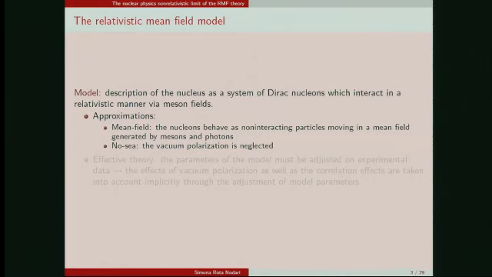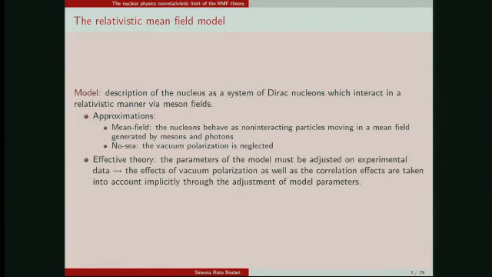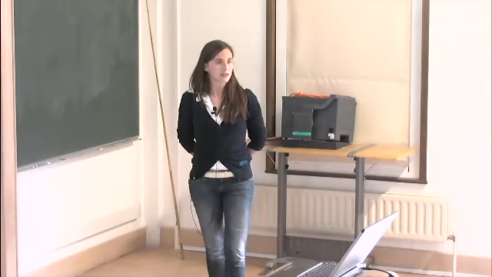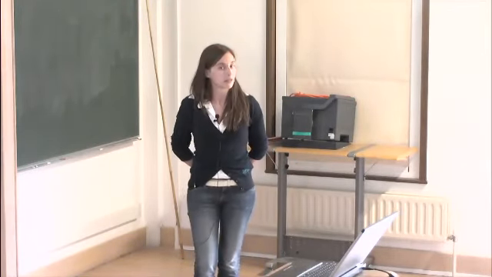On the other hand, thanks to the no-sea approximation, the vacuum polarization is neglected. These approximations are reasonable because the relativistic mean field theory is an effective theory. That means that the parameters of the model must be adjusted on experimental data. In this way, the vacuum polarization and the correlation effects are taken into account implicitly.